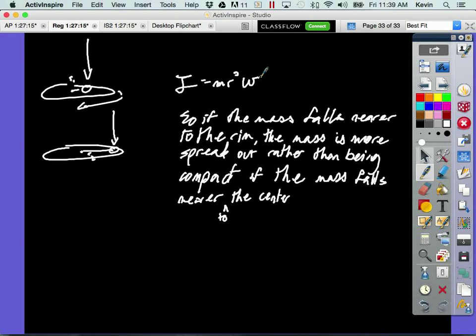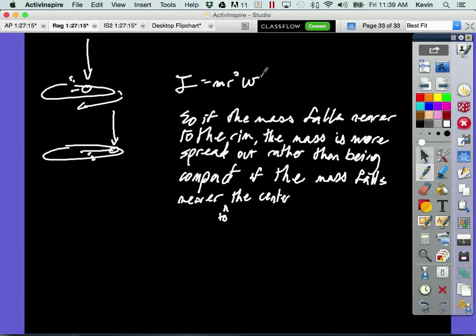Then later the proportionality has to be kept. So basically, the mass for both of them has to be the same, because we have the mass of the table and the mass of the object that's being dropped.